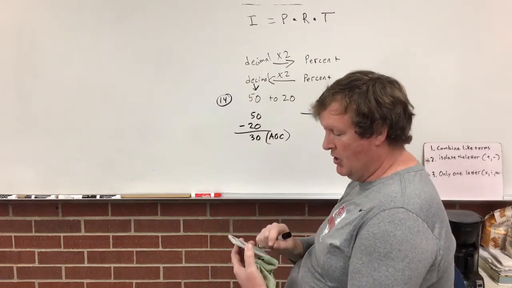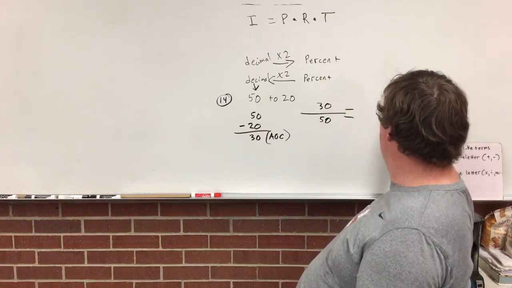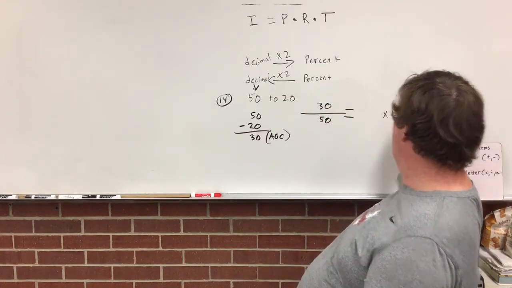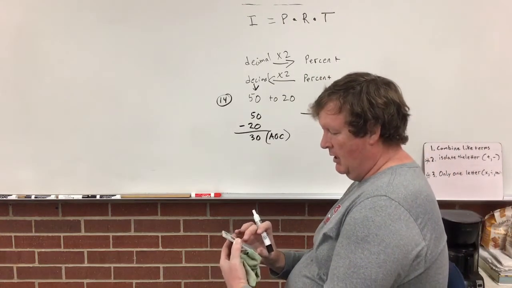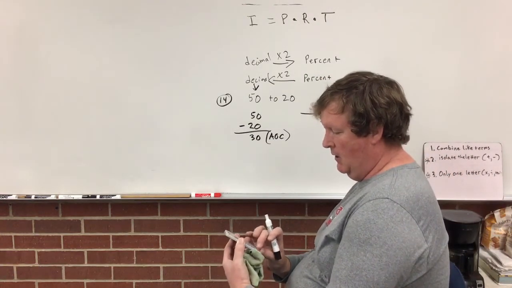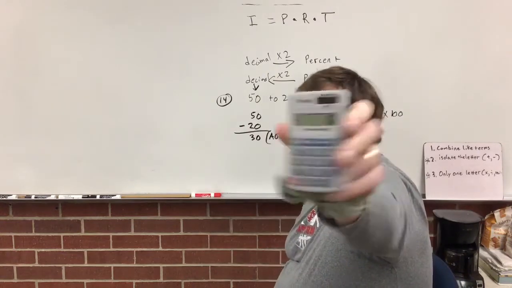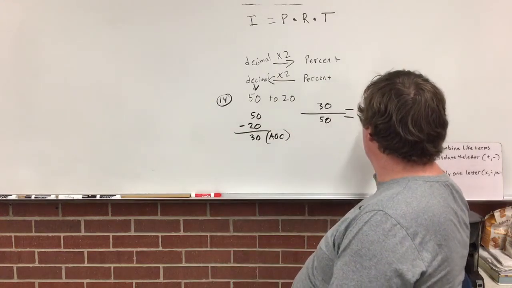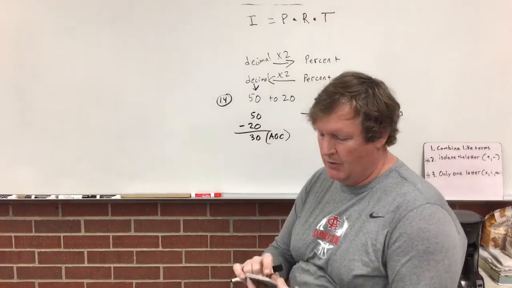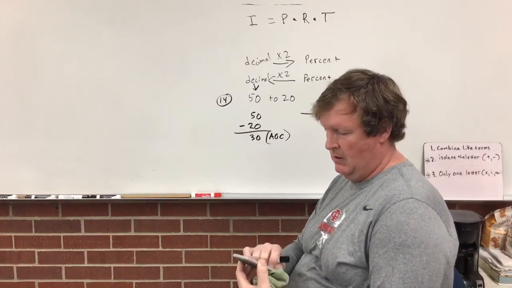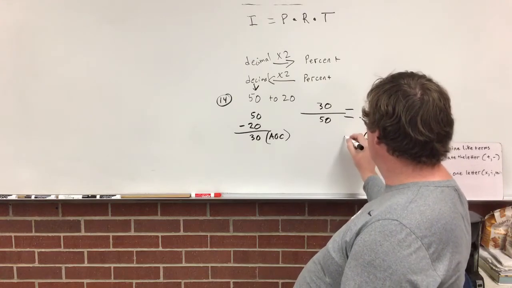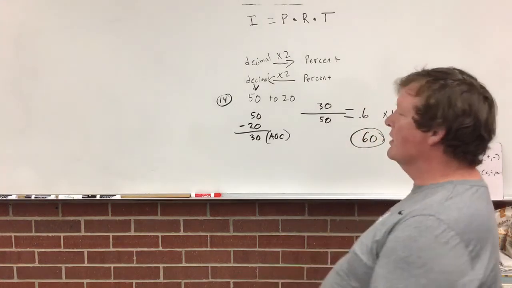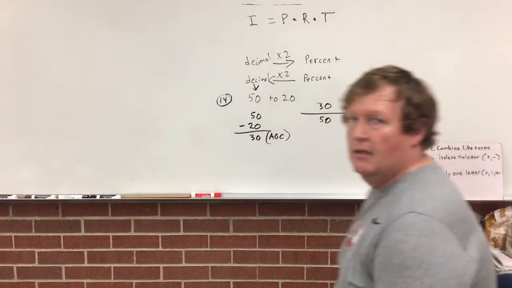Okay, we can find the percent of change by dividing this and then multiplying our answer times 100. 30 divided by 50. Mr. Lindblad got 0.6. And then I take 0.6 times 100. That gives me the answer of 60. So the answer for number 14 is 60.